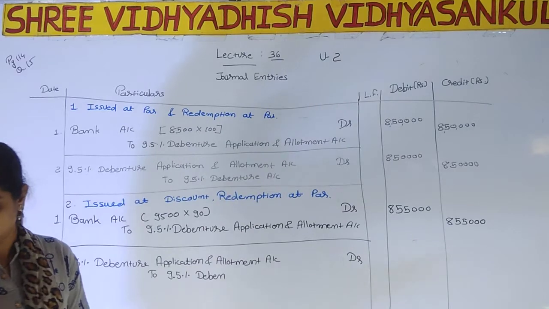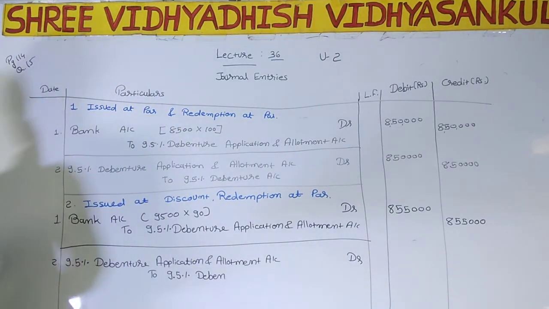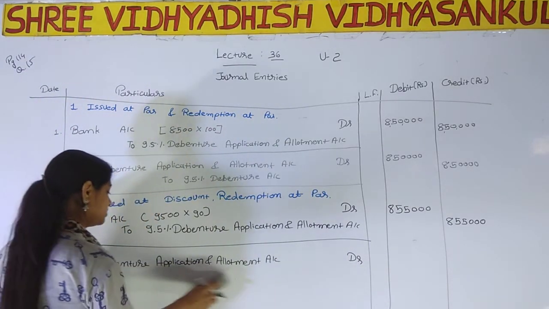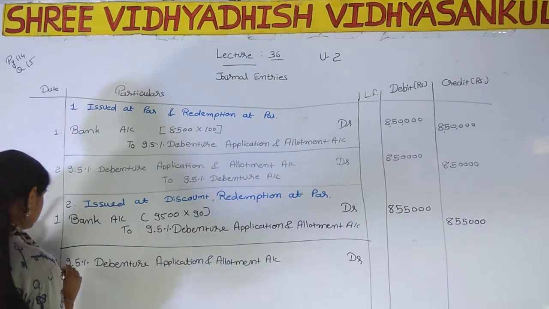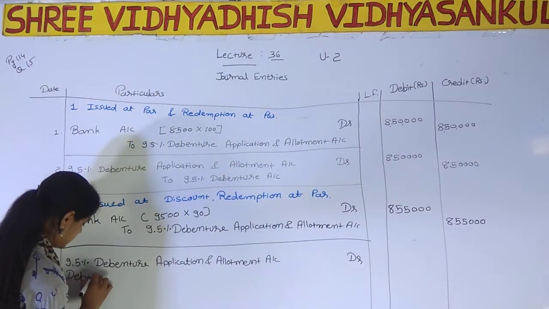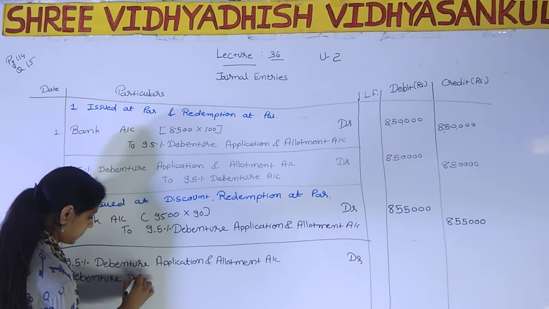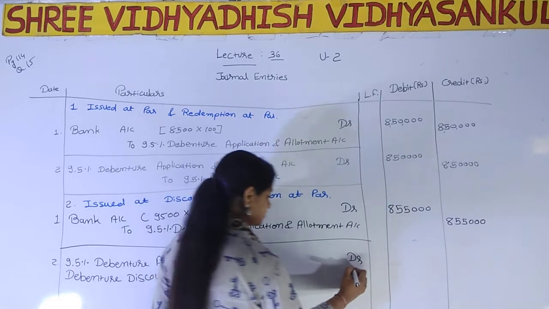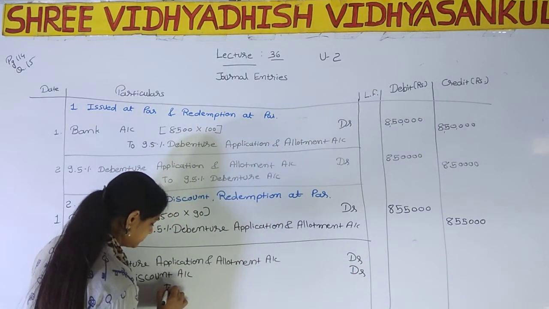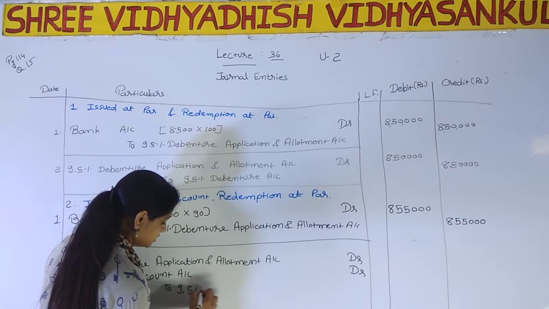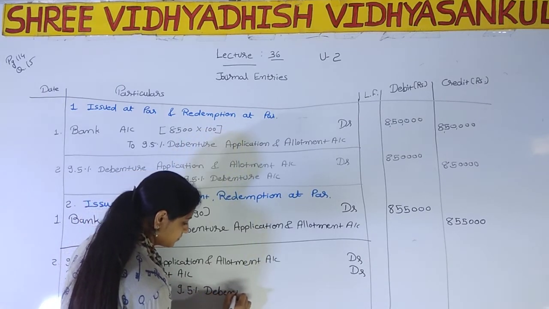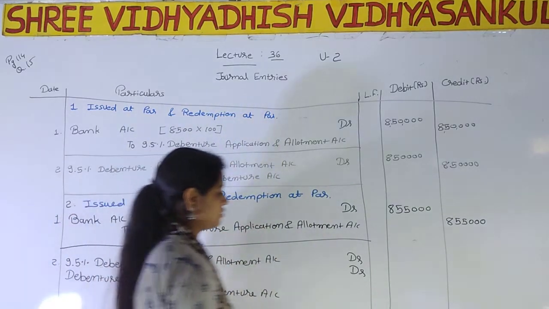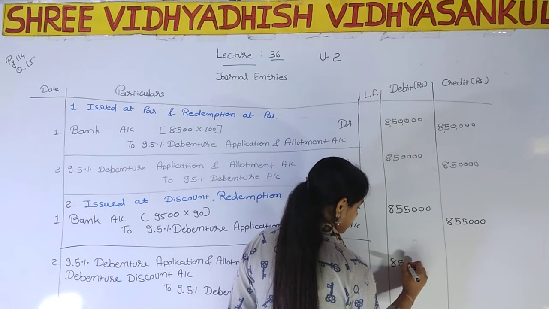Sorry, we have issued these debentures at discount, so we have to debit debenture discount account. Debenture discount account debit to 9.5% debenture account. In application and allotment, the amount which we have credited, that will come: 8,55,000.